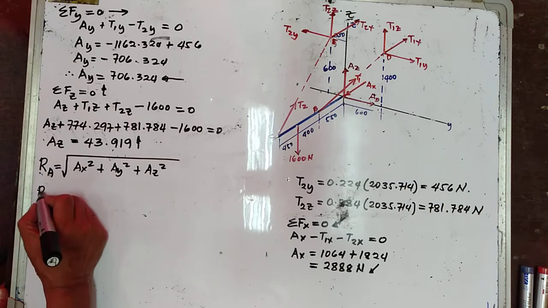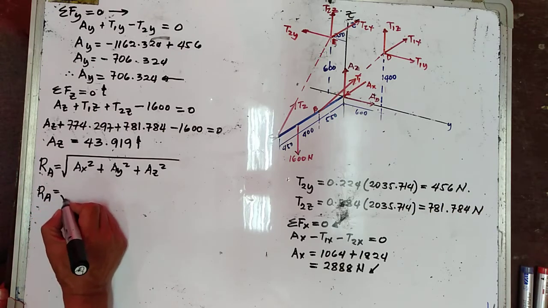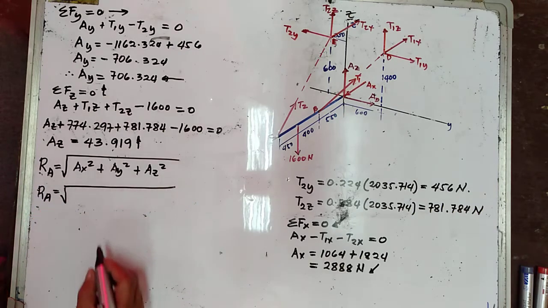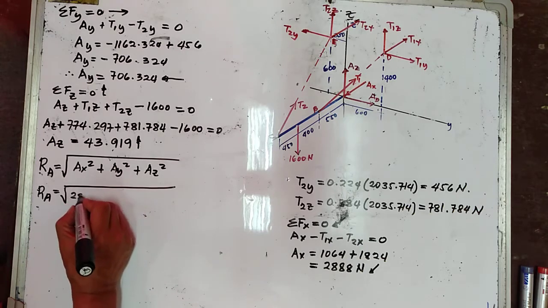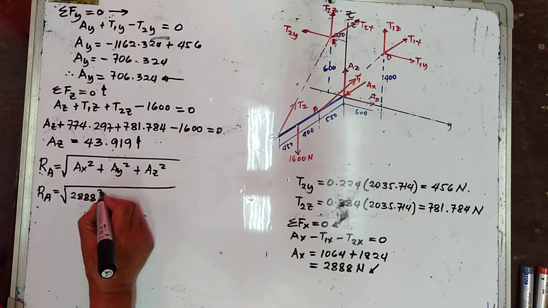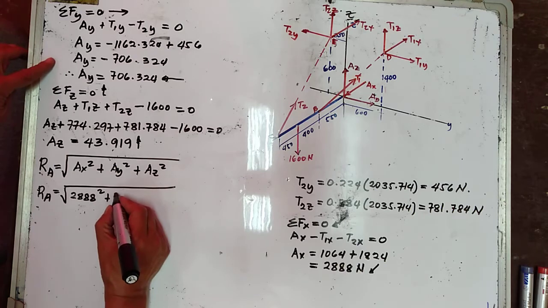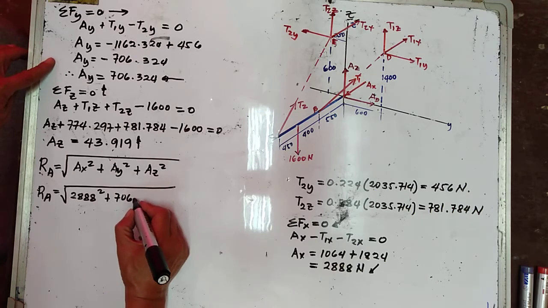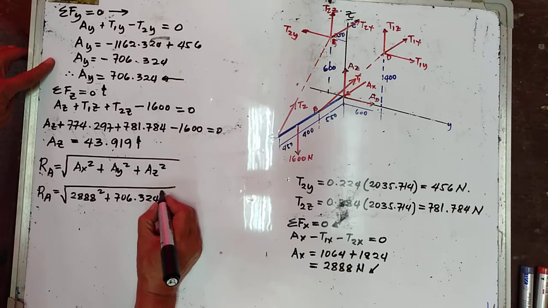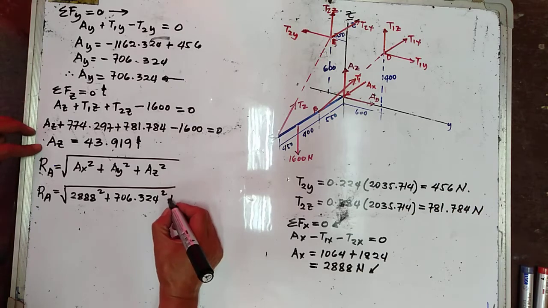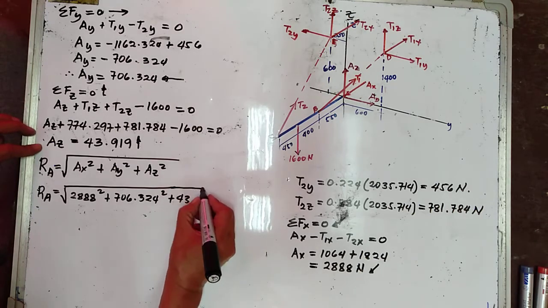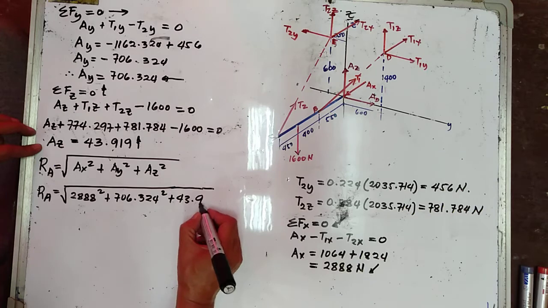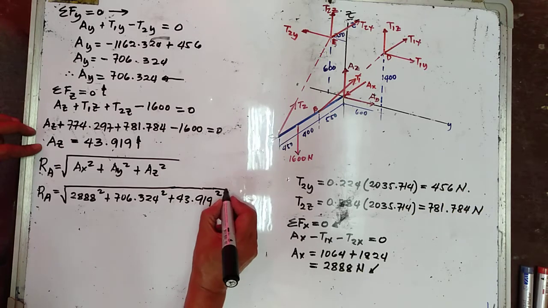So that your RA is now equal to the square root of 2888 square plus 706.324 square plus 43.919 square.